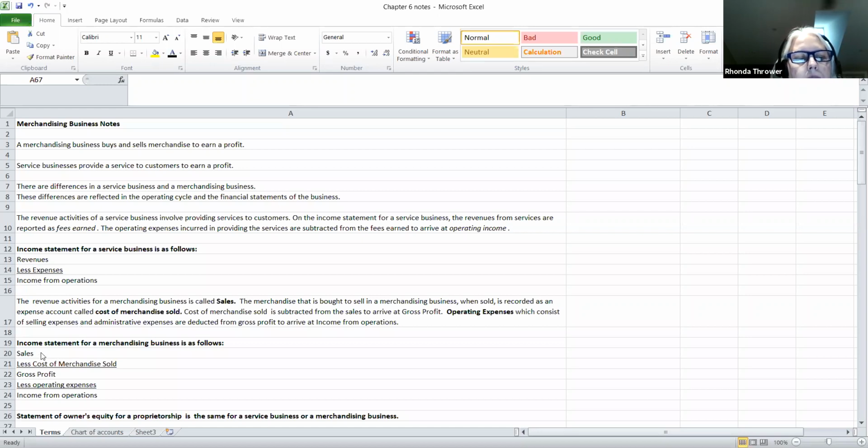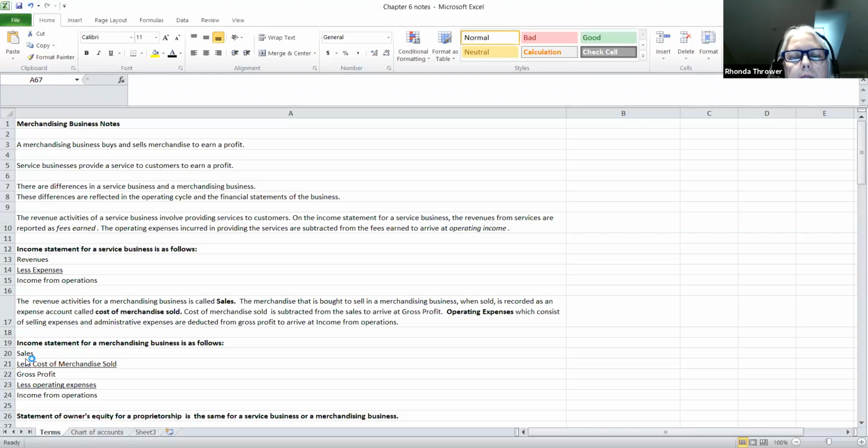For a merchandising business, notice that we have a little bit more account titles associated with that. What we will be preparing for a merchandising business is a multi-step form of an income statement. So our income statement is going to change a little bit. We're still going to start with our revenues, but our revenues are now going to be called sales.